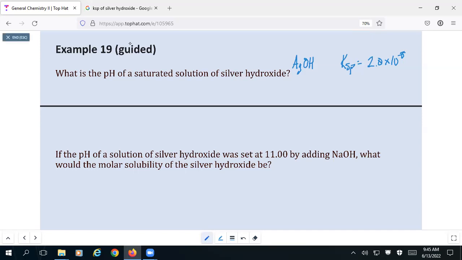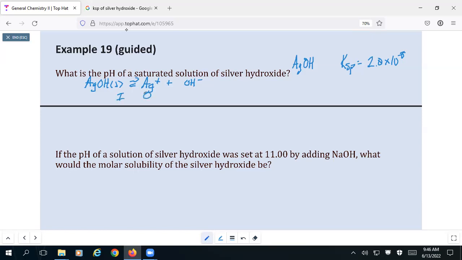The difference here being we're going to use this value ultimately to figure out the concentration of hydroxide, use that to figure out the pOH and then the pH. So our equilibrium is going to look like this. Silver ion, hydroxide ion.